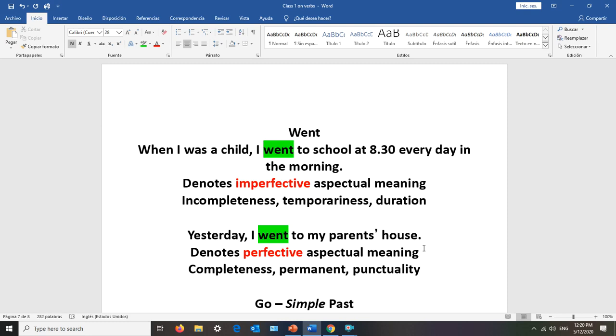So, as example, as evidence that the same form, a simple form in terms of aspect, may be associated with two aspectual meanings. One imperfective, the other one perfective.